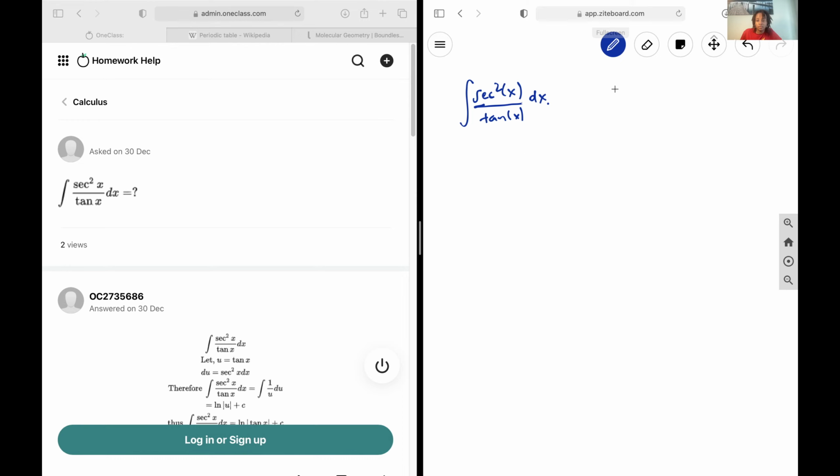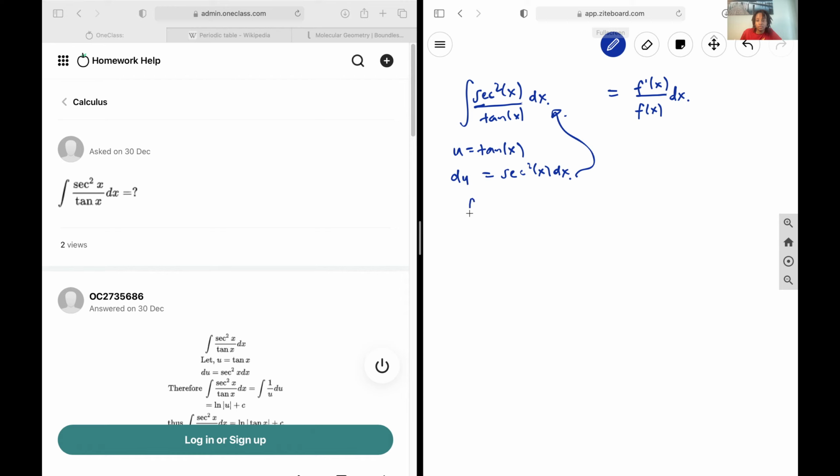In this case, we're lucky because we have it in the form f prime of x over f of x dx, which means that if we state that u is equal to tan of x, and we know that the derivative of tan of x is equal to secant squared x dx, that means when we substitute everything back into here, the derivative value would actually cancel out, leaving us with 1 over f of x, or 1 over u du, and that's simply ln of u.